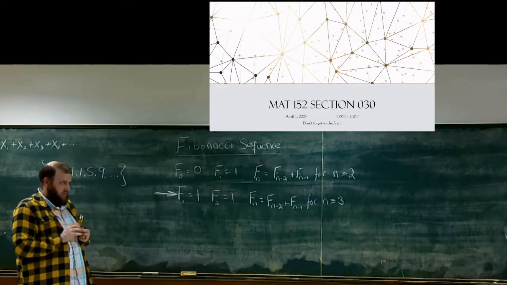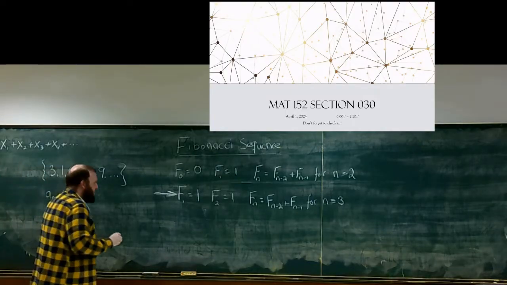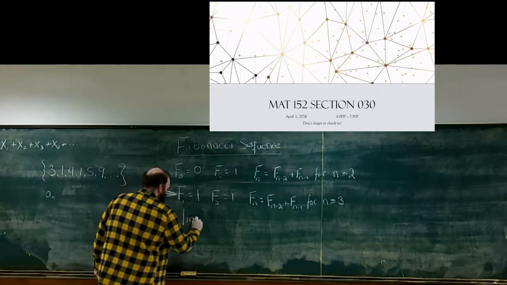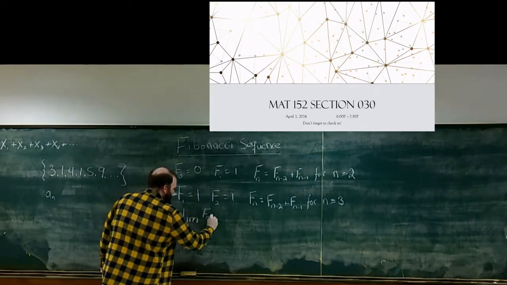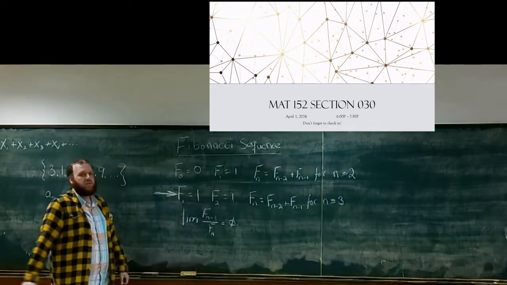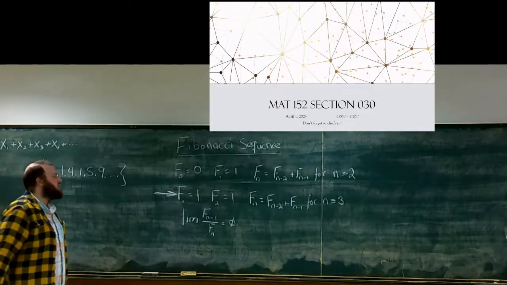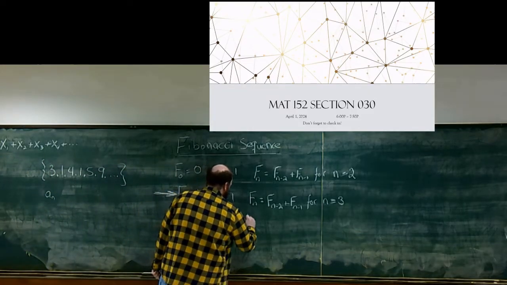There is an important result, and I'm fairly certain it's going to be your next group assignment. Showing that the limit of the ratio of the terms of the Fibonacci sequence is what's called the golden ratio, which I think I discussed.